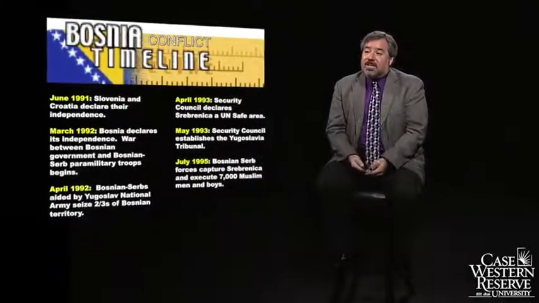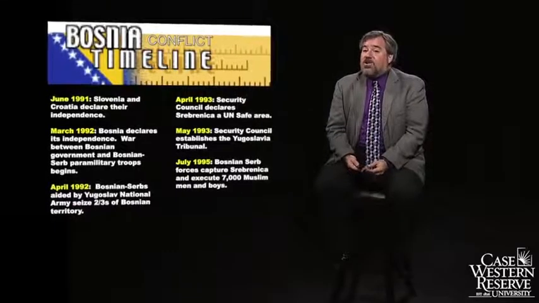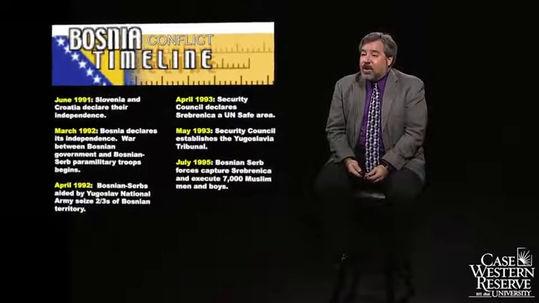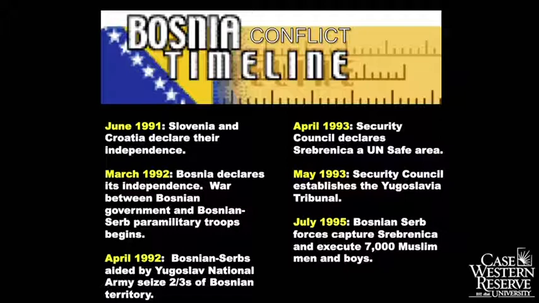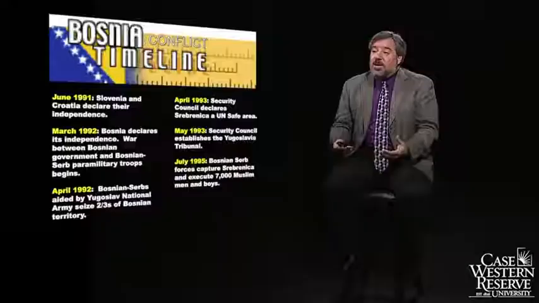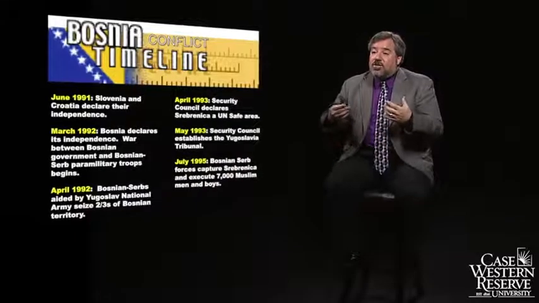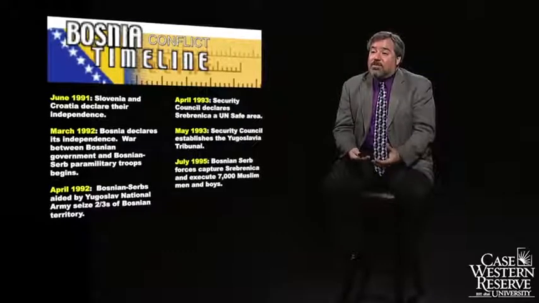Okay, what was the story behind the reason the tribunal wants to prosecute Mladic and Milosevic's wife, Mira? It starts out in June 1991, when Slovenia and Croatia declare their independence from Serbia, which had been weakened with the death of Tito a few years earlier. And Slobodan Milosevic, who had declared himself president of the former Yugoslavia, of Serbia, was trying to strengthen his hold on these other republics.